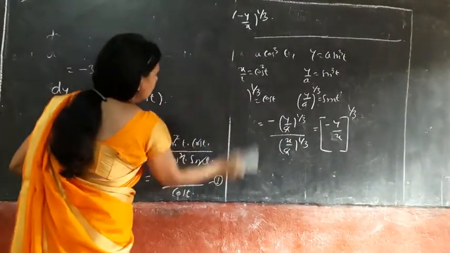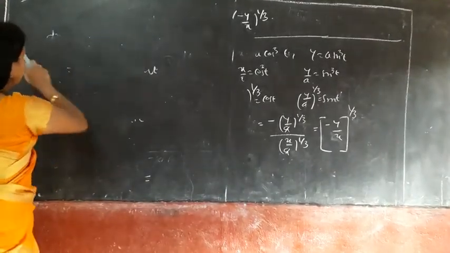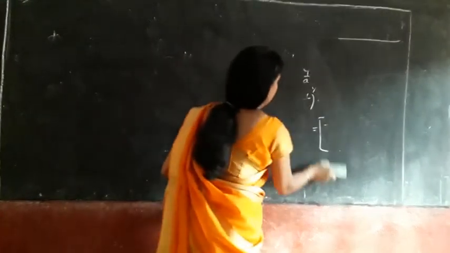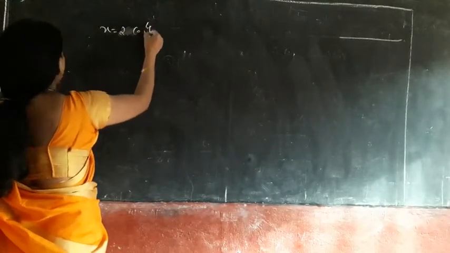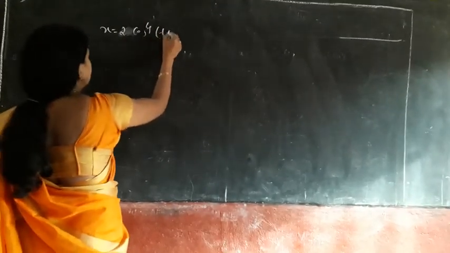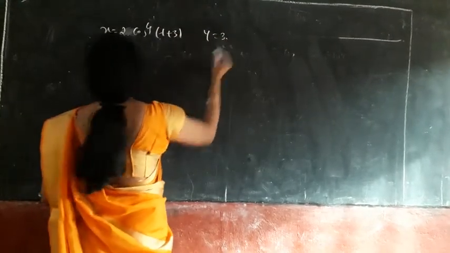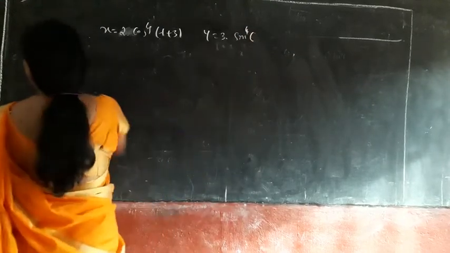Next, second question. Second question is x equal to 2 cos raised to 4 t plus 3 and y equal to 3 sin raised to 4 t plus 3.